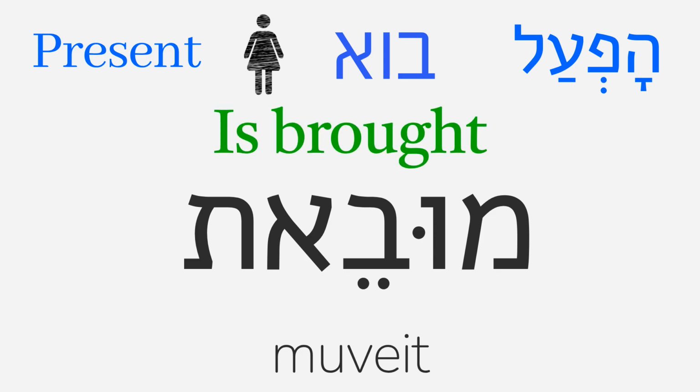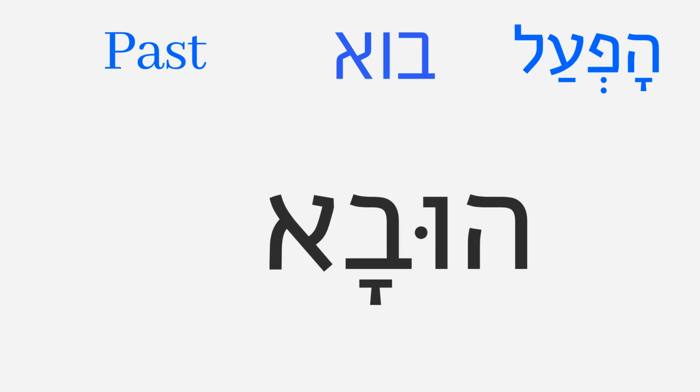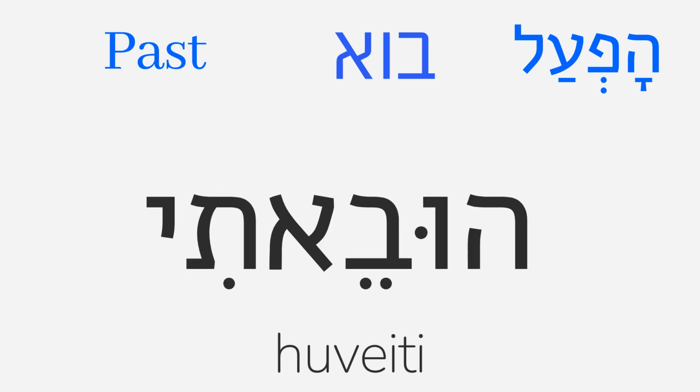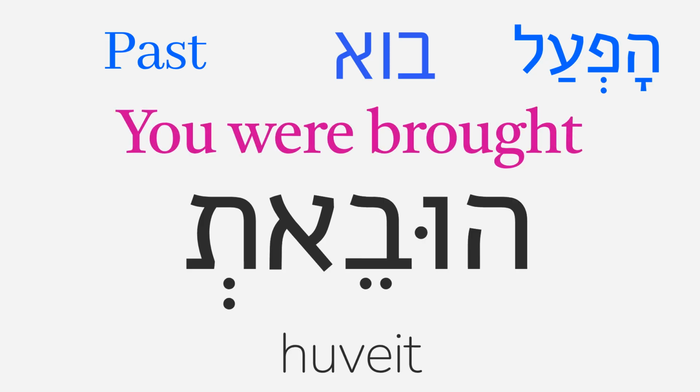This aleph irregularity is something we've seen in other binyanim. The aleph also makes any Hophal past tense verbs that don't usually change the vowels on the hu, he form, here huva, change the last vowel, here the kamatz, to a tsere, as in huveti, I was brought, and huvet, you were brought, feminine singular.